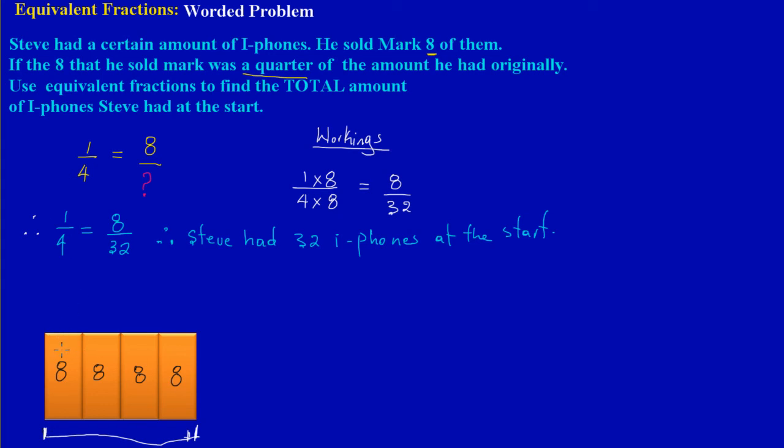So if we have 4 equal parts here, then 1 out of 4 must be a quarter. So he would have given away 1 out of 4. And if you notice, the amount that he gave away would be 8. Okay, so it's really that easy, looking at it from a diagram perspective, if you're still not clear on what is happening here.